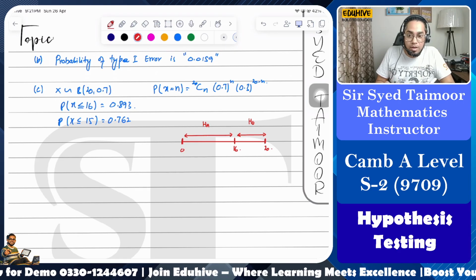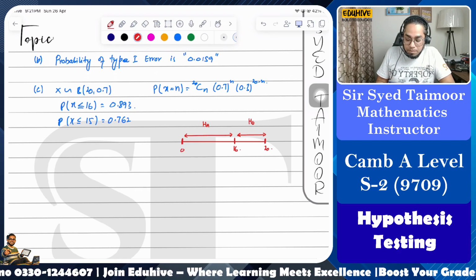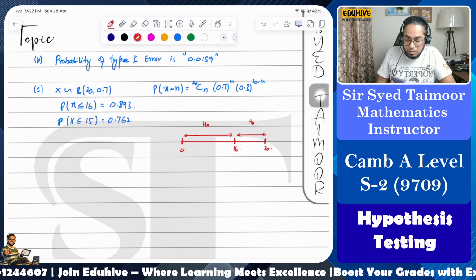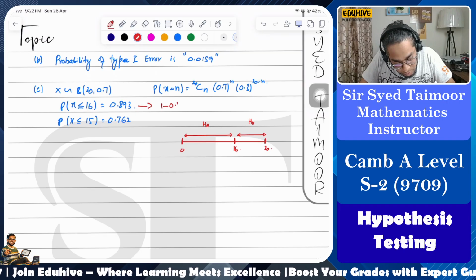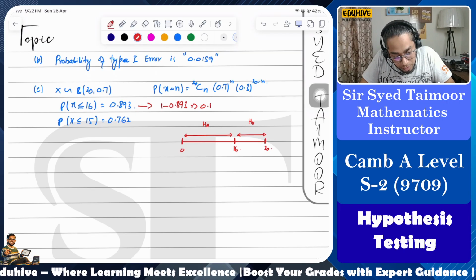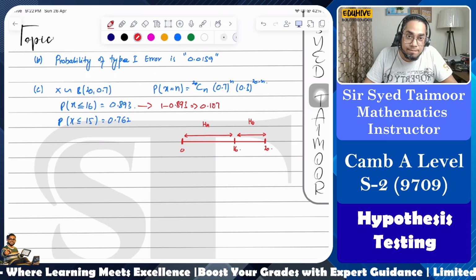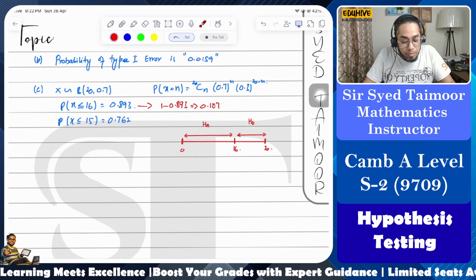So 1 minus 0.893 is exactly 0.107. Okay, so that is the probability for this area.